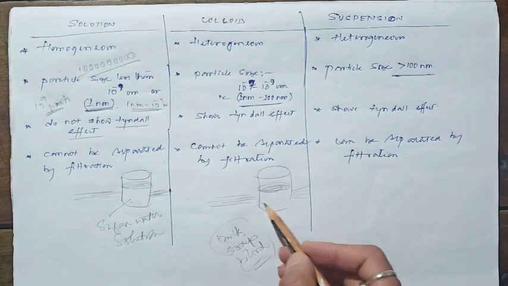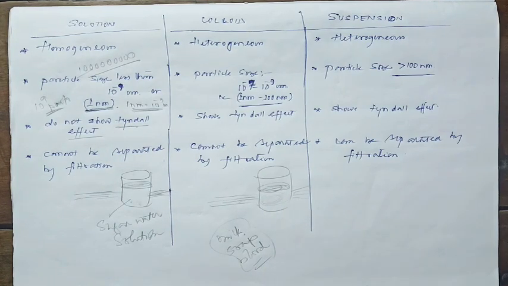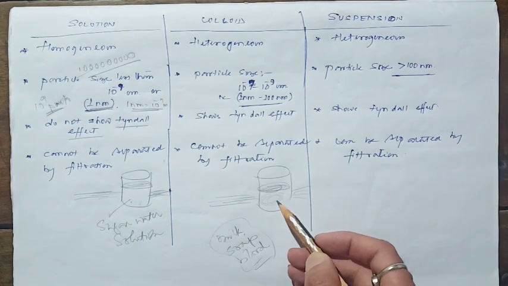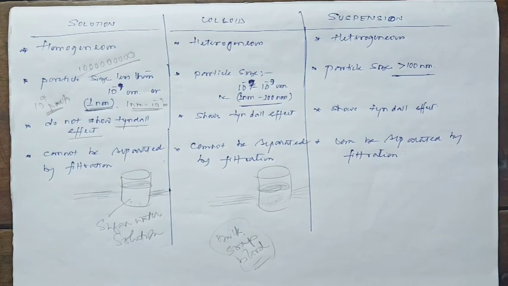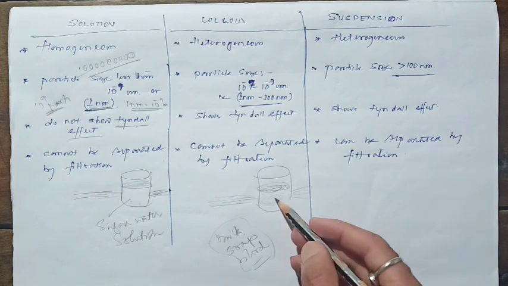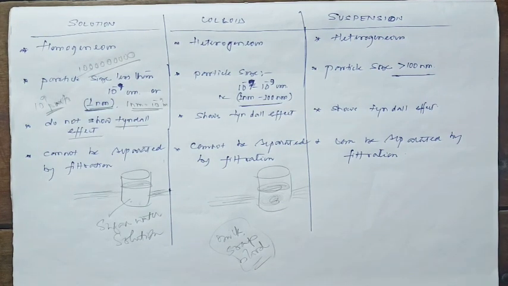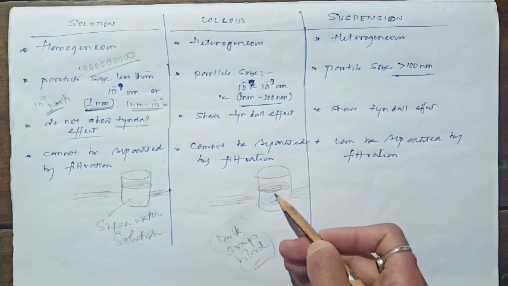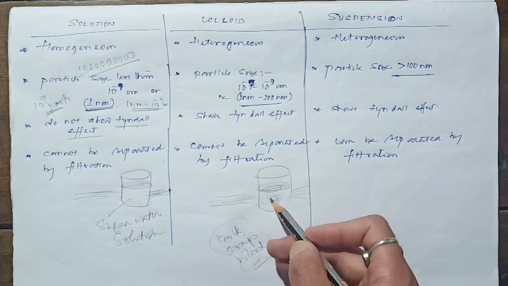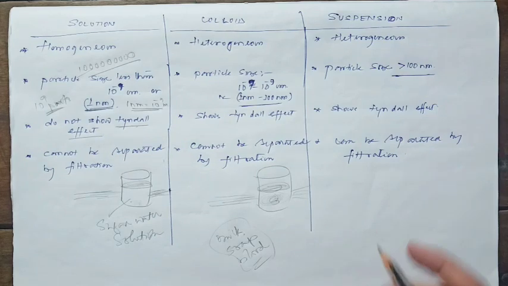We can also see the light inside the soap solution. The reason is the particle size is bigger than the particles of solutions. Because the particles are bigger, they can scatter the light, so we can see the light inside the solution. That means colloids scatter the light, or colloids show the Tyndall effect.